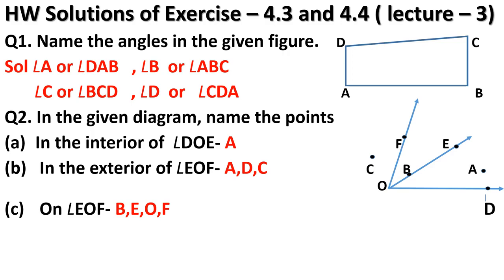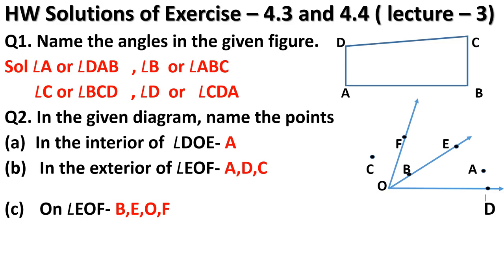That is angle A, or we can write the name of angle A as angle DAB. Then angle B, or angle ABC. Angle C, or angle BCD. Angle D, or angle CDA, because the vertex comes in the middle.